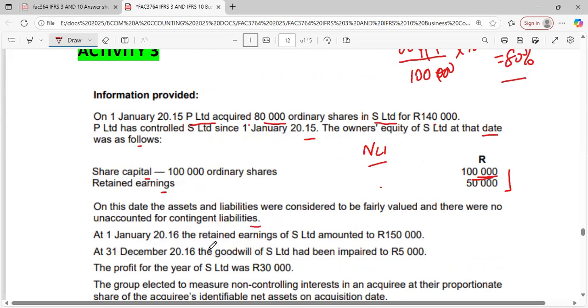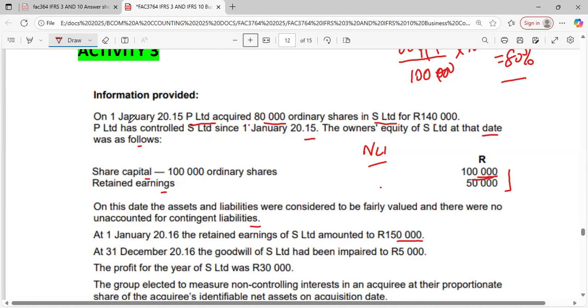At 1 January 2016, the retained earnings of S Limited amounted to 150. Remember when we were doing this, we said you should look at the date of acquisition and the date of consolidation.